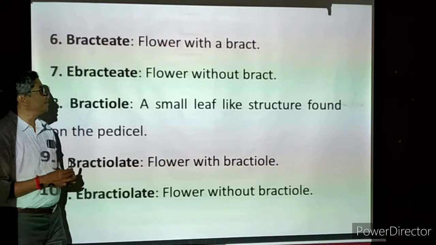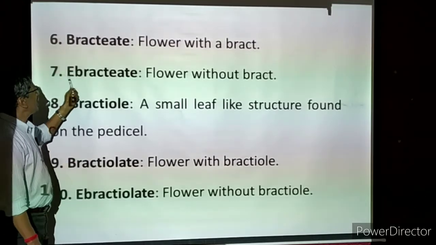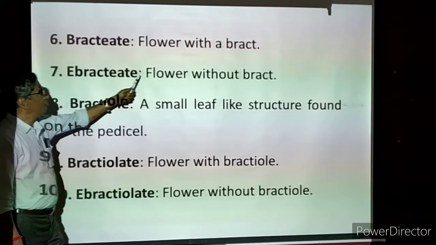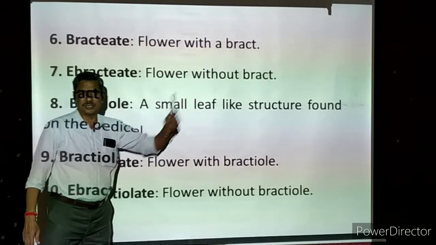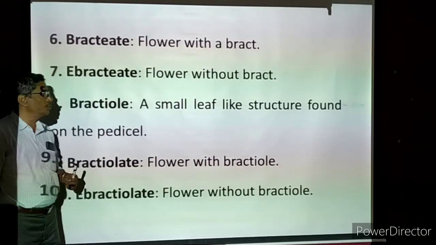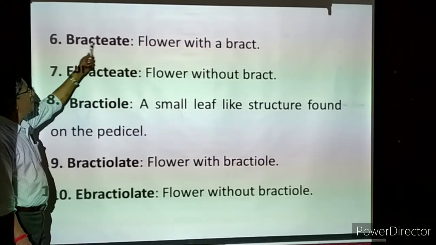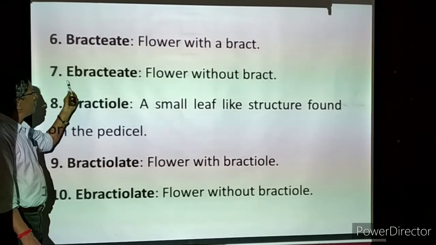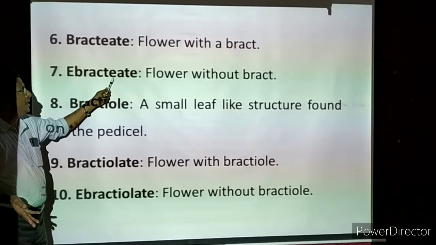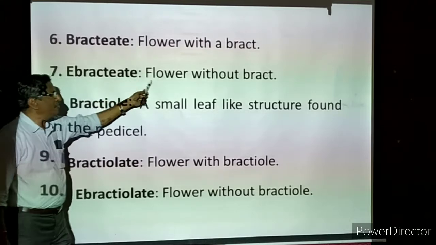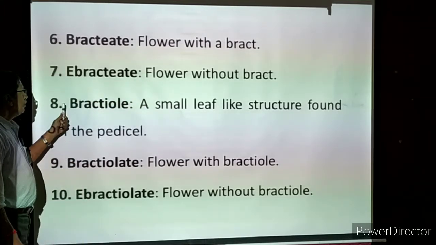Bract is absent. Then it is called ebracteate flower, the flower without bract. Even this picture we will show you later. Bracteate means flower with bract. Ebracteate means opposite of bracteate. That is ebracteate, flower without bract.